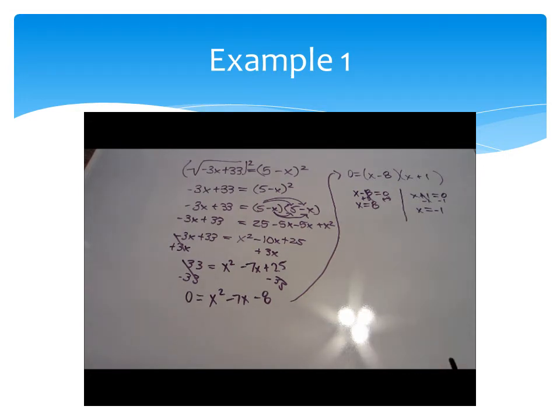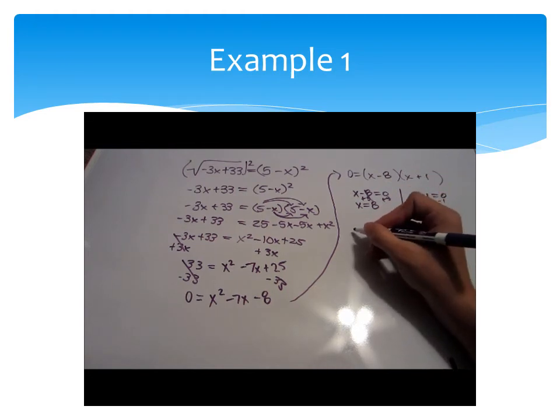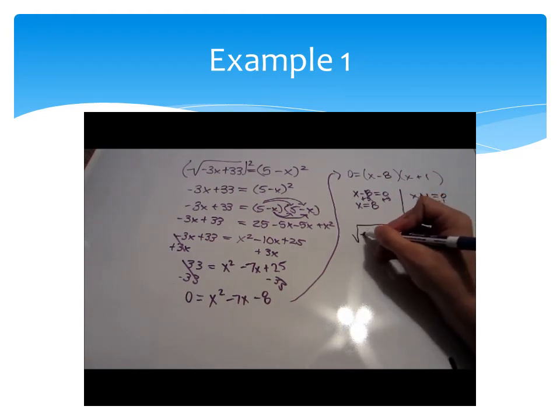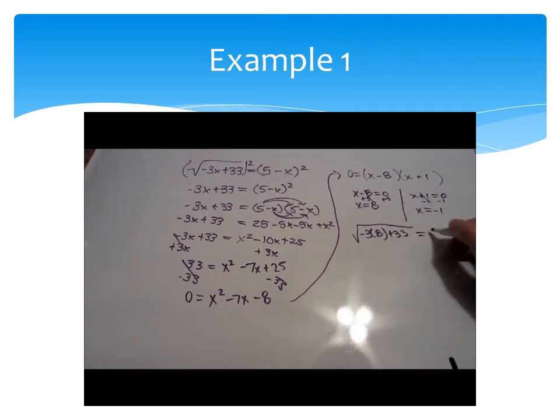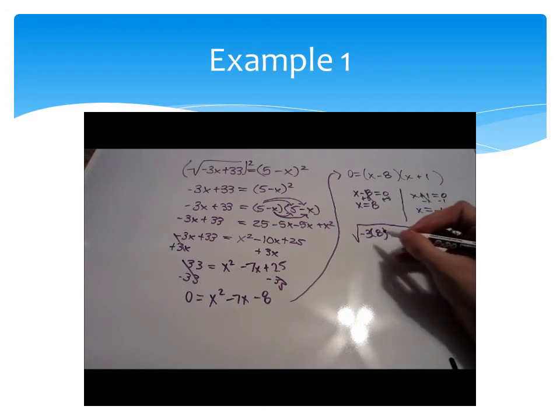So we have to go back to the original equation and try both. The square root of minus 3 times 8 plus 33 is equal to 5 minus 8. Okay, so we go ahead and plug this in.